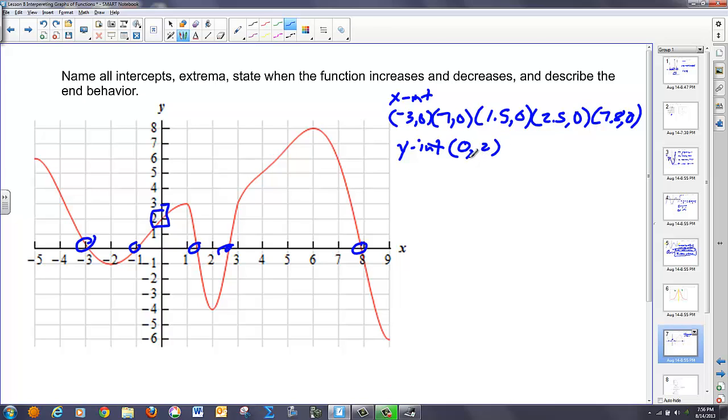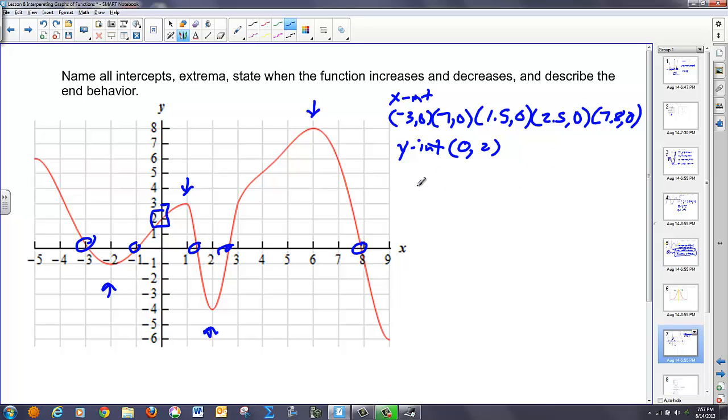Step 1. We have extrema. Where are my extrema? This appears to be a momentary high. This appears to be a momentary low. This appears to be a momentary high, and this appears to be a momentary low. Now let's discuss what those are, maximum, minimum values.